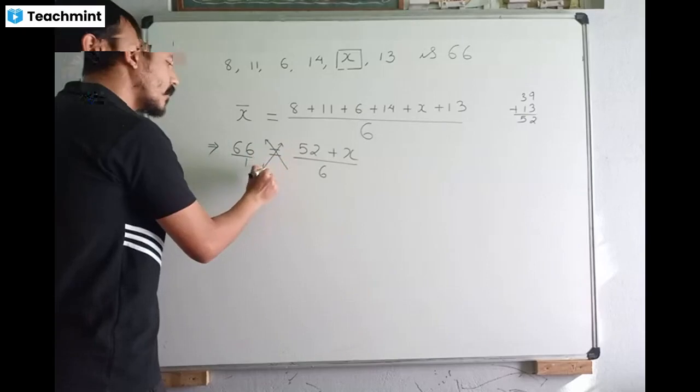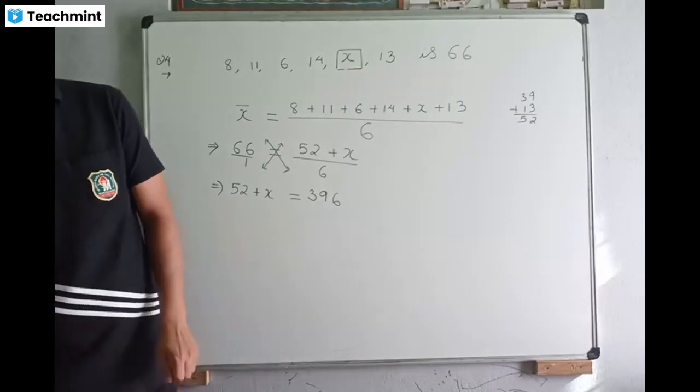That means (52 plus x) times 1 will be equal to 6 times 66.